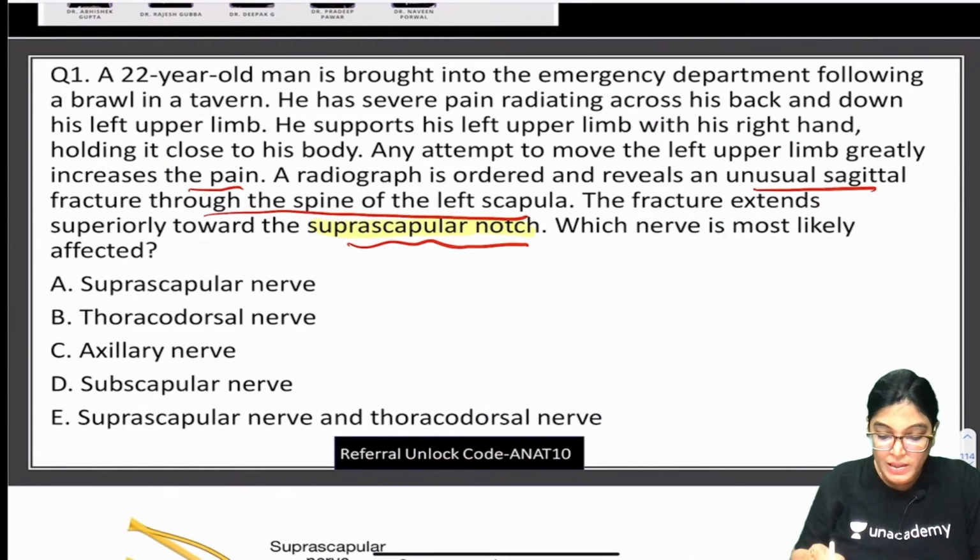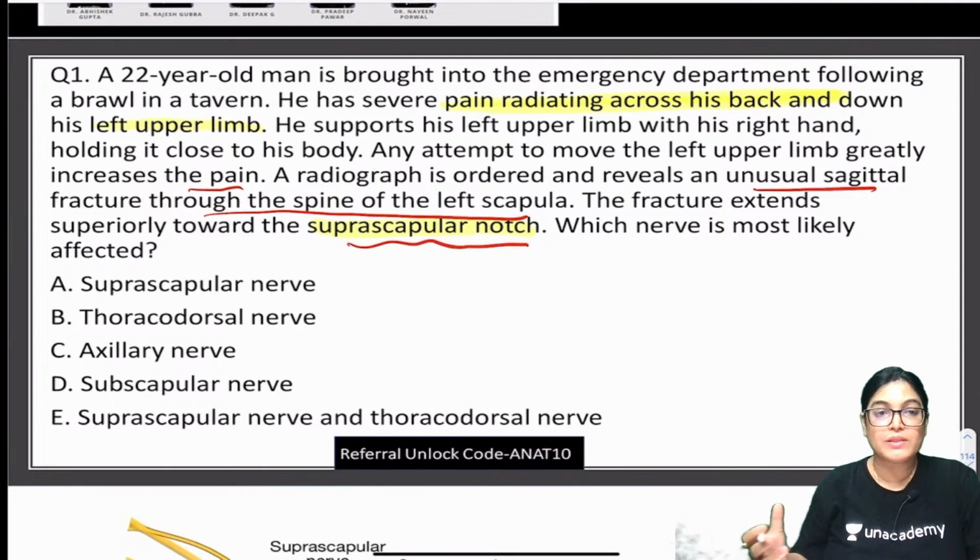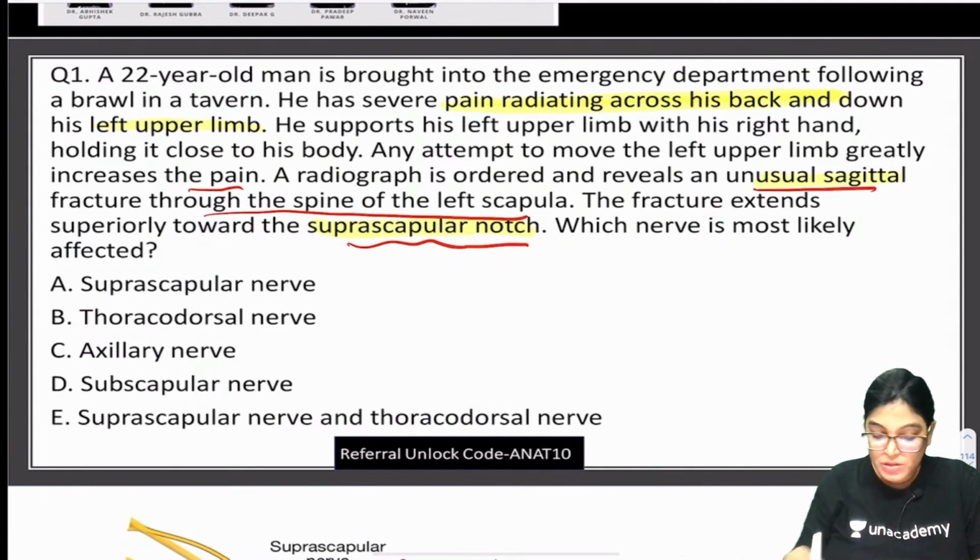Suprascapular notch. What is the severe pain radiating across the back? Ashish Jha is also telling A. The pain radiates across the back and down towards the left upper limb, and the person is holding his left arm with the right very close to the body. The unusual fracture is extending towards the spine, and this is the key point: suprascapular notch.